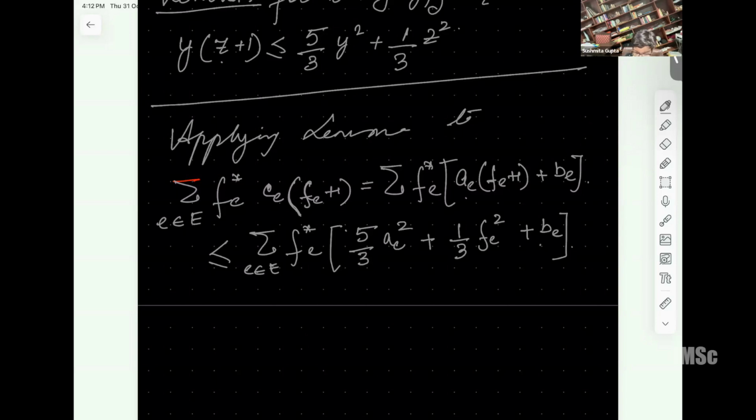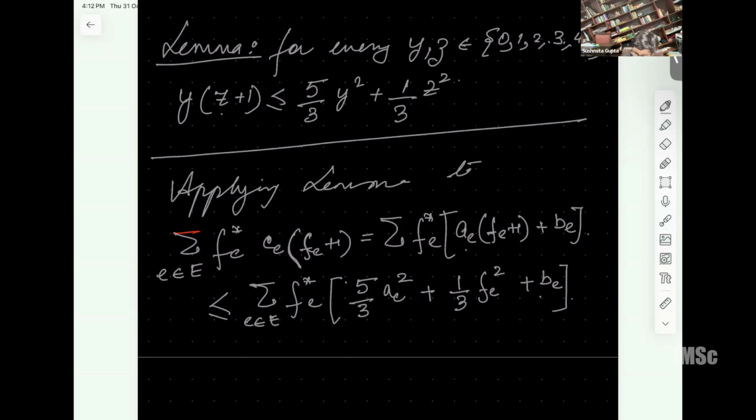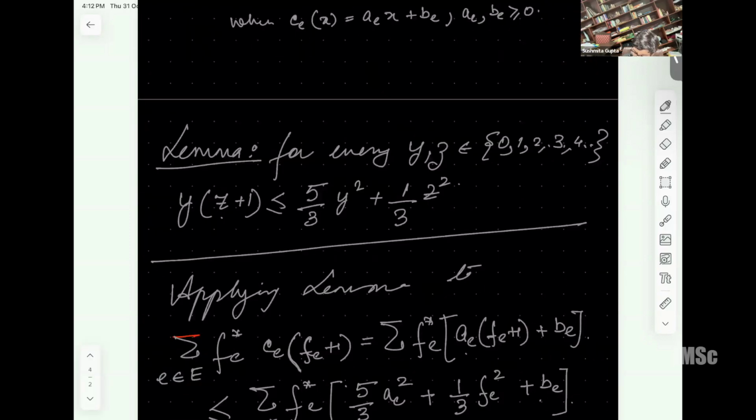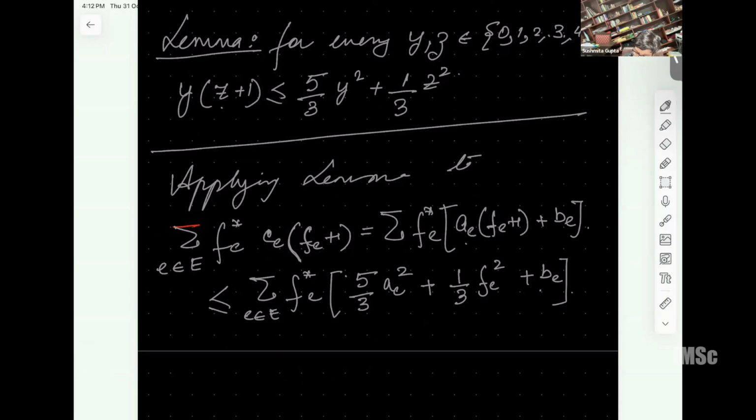Wait, I have a different bound. Wait, f star e. Why is it important? I have made this mistake before. So this is correct. Let me just check my memo.